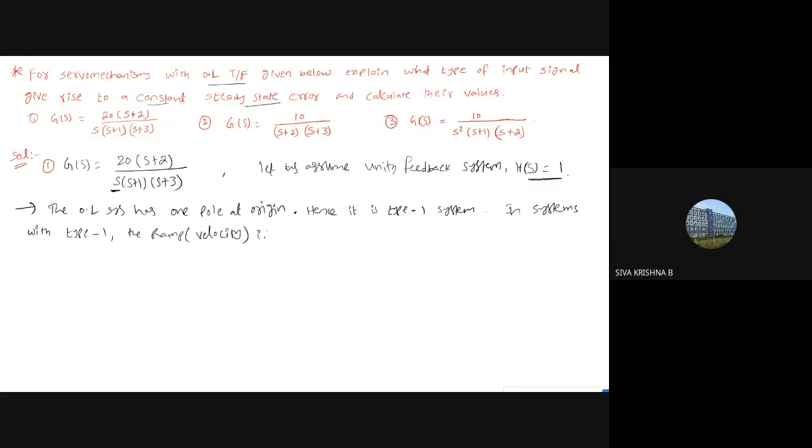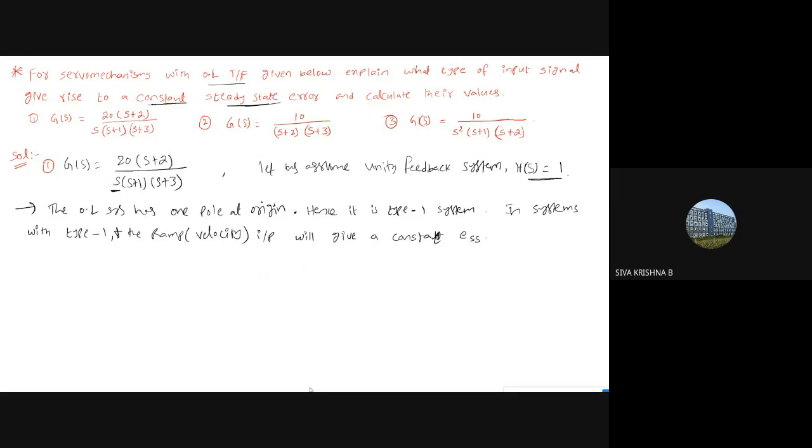In systems with type number 1, the ramp input will give a constant ESS, that means steady state error. That is what the question asks: what type of input signal will give rise to the constant ESS? So for the first question, if you apply a ramp input, you will get the constant ESS.